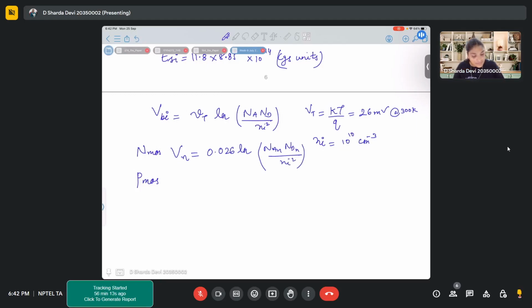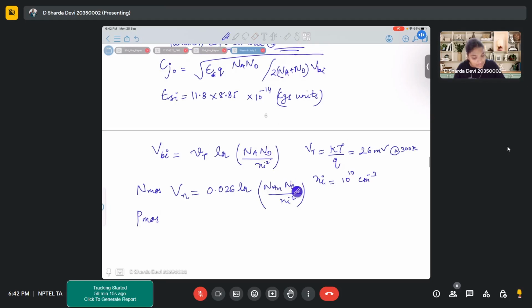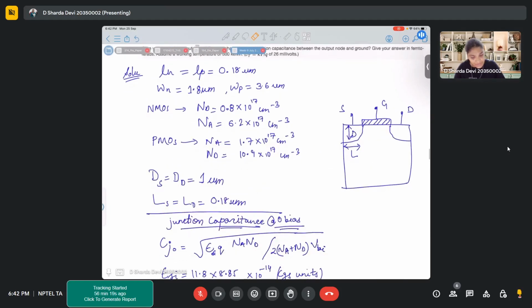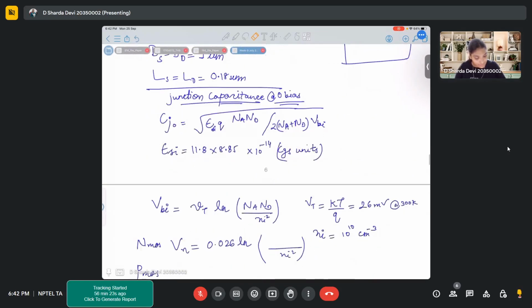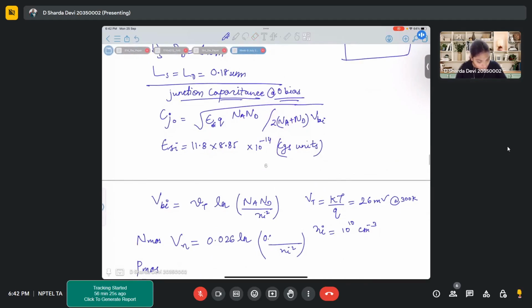If we substitute the values, almost 0.8 and 6.2 into 10 to the power minus 34 by Ni square, that is 10 to the power 20.